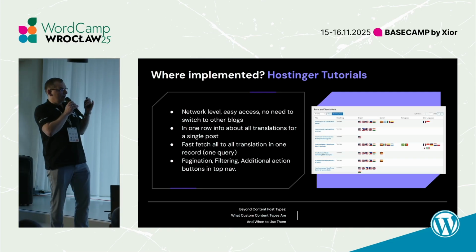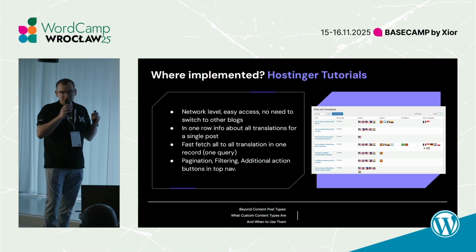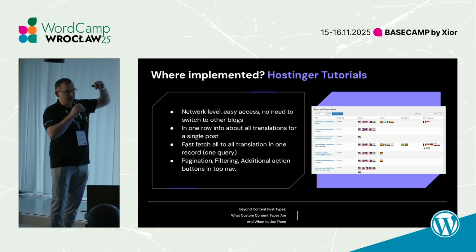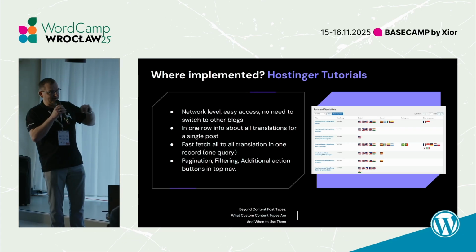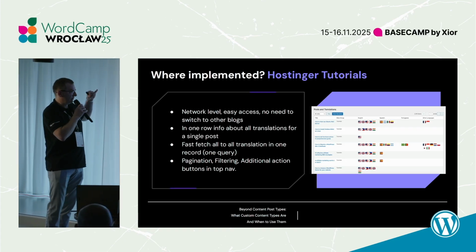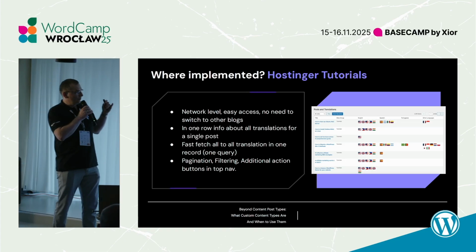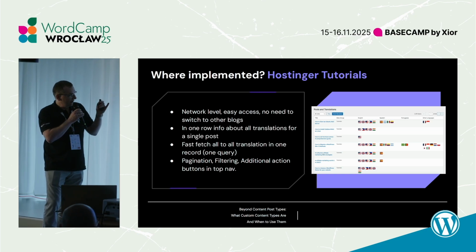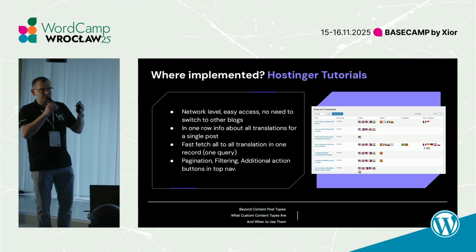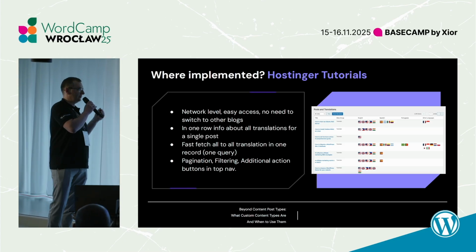So I created a custom table on the network level, not on any selected site, but on the network level. And what I have here are records, and each record is some kind of shadow of the main post in English.